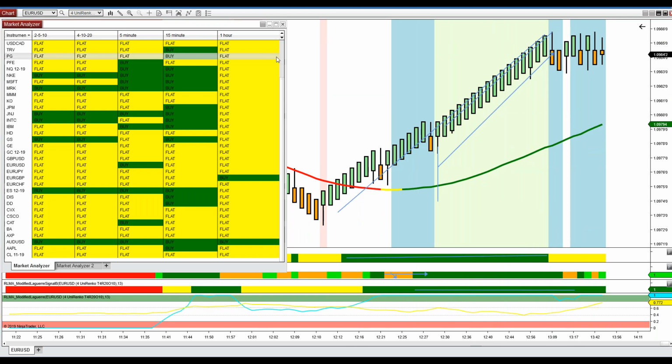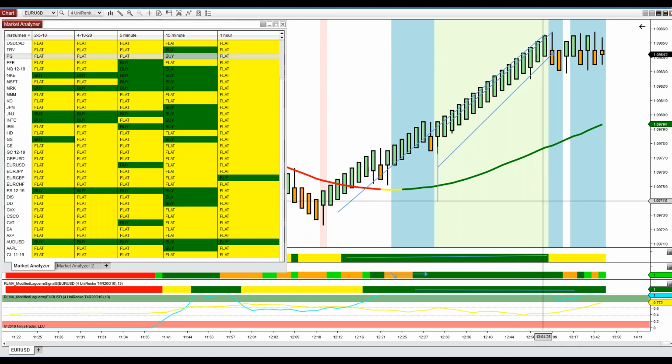Now, I just want to say a couple of really quick things about the oscillator. The oscillators measure momentum, and momentum is called a second order parameter. The speed at which price rises is not momentum.